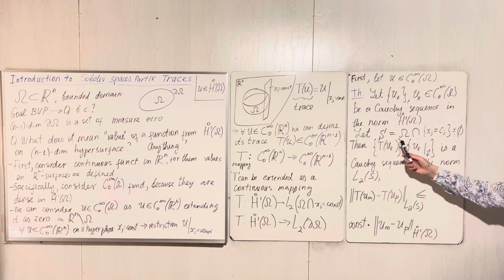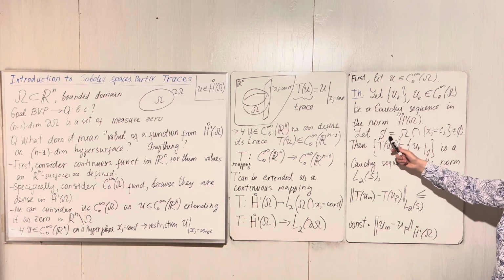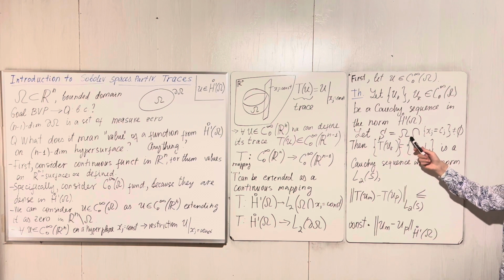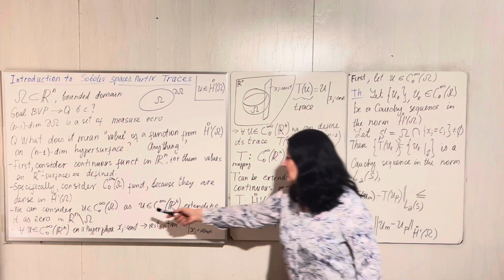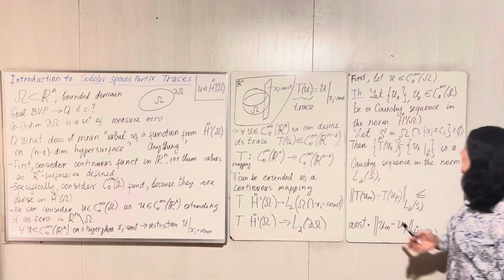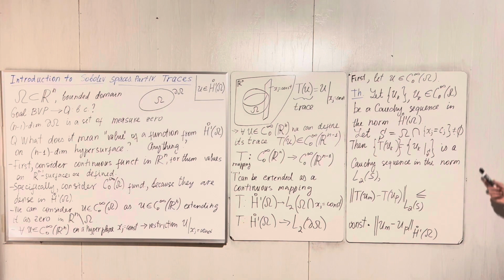Let's make this notation: let S be the intersection of our omega with a hyperplane x_j equals constant, with j from 1 to n. This intersection is not empty, and it will not be empty if we extend our function.